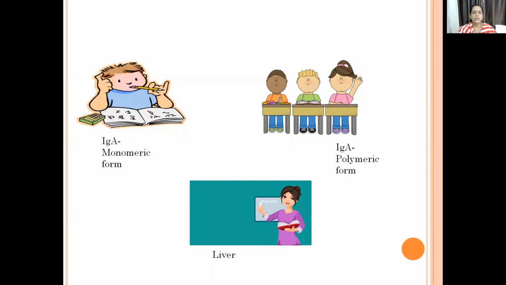If these IgA polymers are not degraded in the liver, then they get accumulated, like accumulation of something bad, with no control on it. I illustrated this diagram so that you will remember this: IgA present in a monomeric form, then in a polymeric form, and the liver, acting as a teacher, degrades all the bad qualities in you, degrading the IgA polymers into monomers.